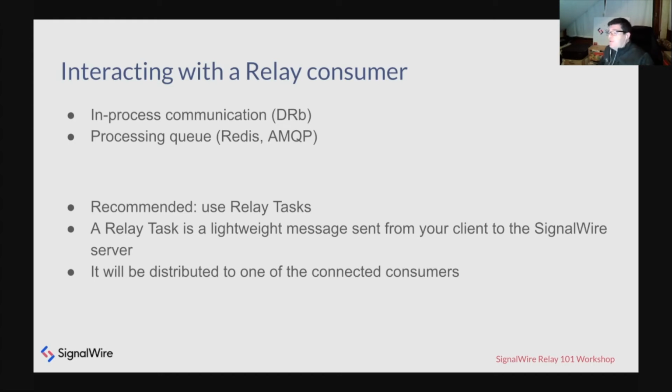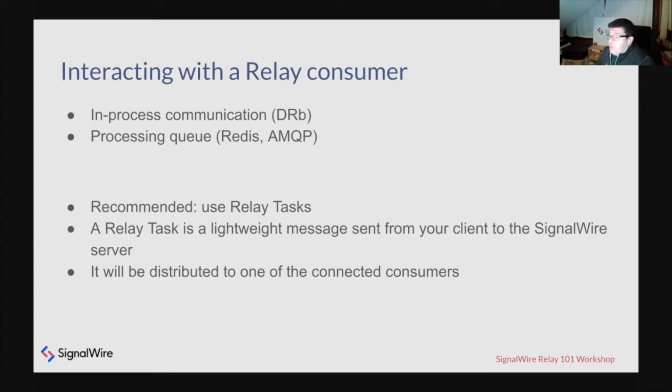Better would be using a processing queue of sorts. Your consumer could be polling Redis or an MQ queue, and when an event comes up, they might be placing calls. This is a legit way to go about it, and we have many people doing it. But the recommended way, as I spoiled earlier, is using Relay tasks. Relay tasks are a lightweight message mechanism that your client can send to the SignalWire server.